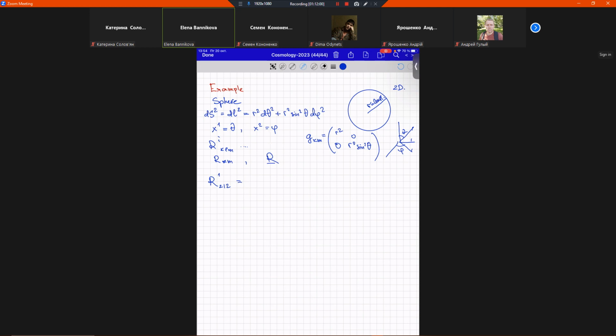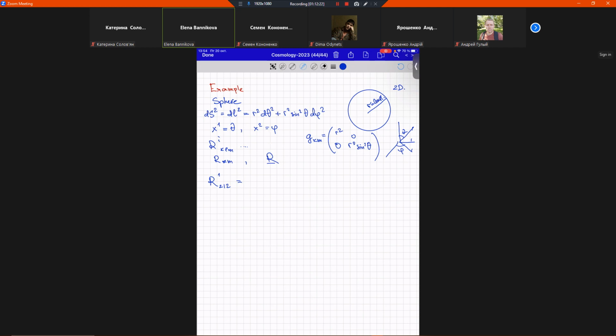Also we understand that there should be a lot of components of the Riemann tensor, but of course for two-dimensional space it will be much less.